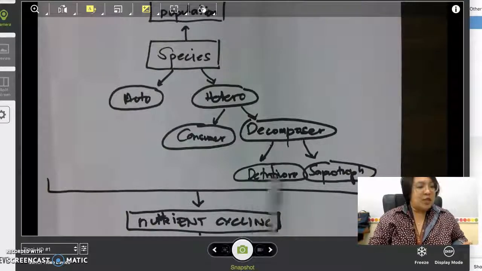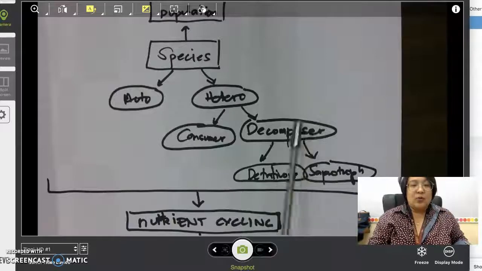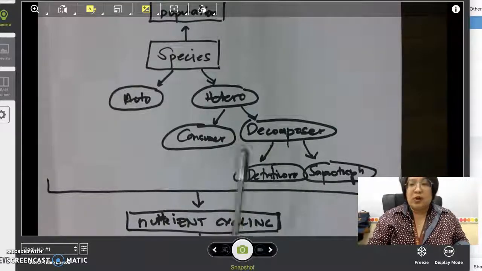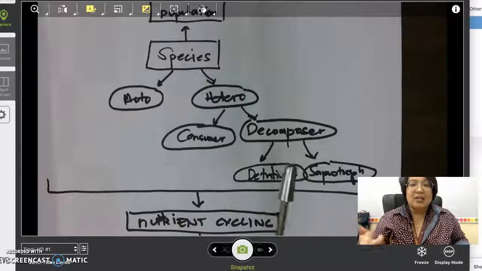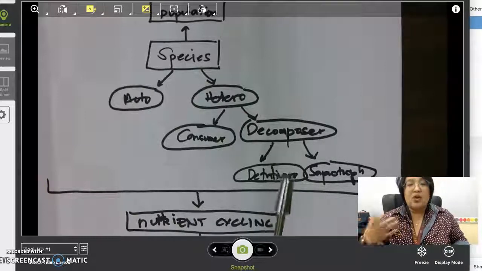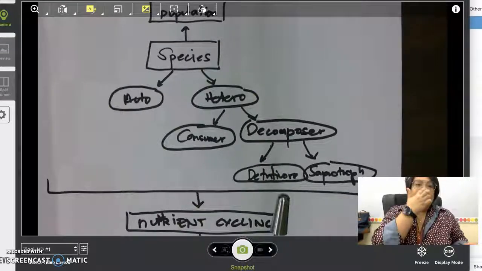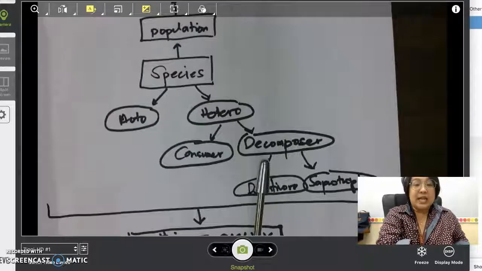So all of those decompose dead organic matter. Now, if you don't have decomposers, your wastes will accumulate in the ecosystem, and you don't want waste to accumulate. You have to find a way to recycle these wastes. You have to find a way to detoxify the ecosystem, because what will happen if you have a lot of waste in the ecosystem? Then the ecosystem will not be sustainable.